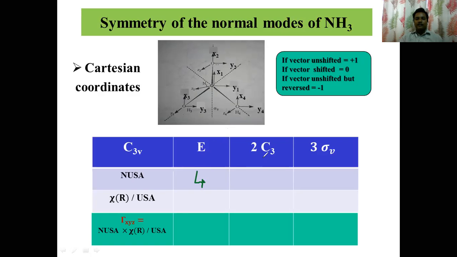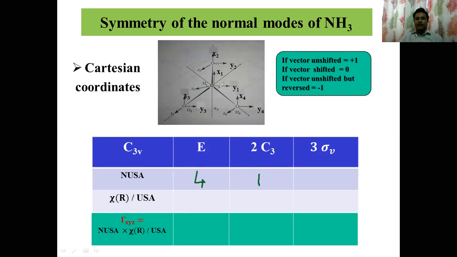Now if I do C3, it is of course along Z, and that is passing through the nitrogen, right? Now if I do C3, except for nitrogen, all 3 hydrogen atoms are going to shift location. So if I go clockwise, this is going to come here, this is going to go there, and this is going to go there, right? Therefore, the number of unshifted atoms is going to be only the nitrogen, so that is 1, right?